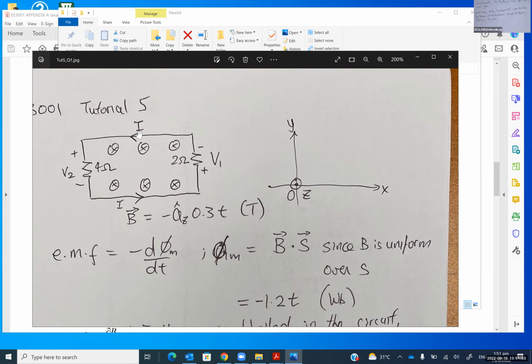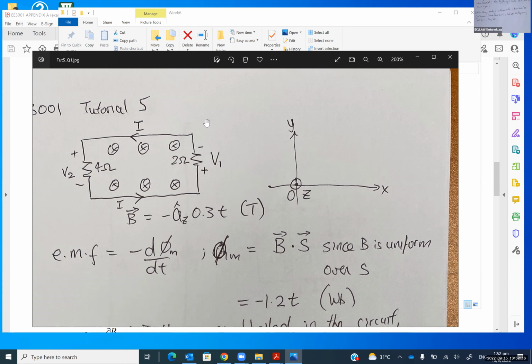I label the current this way, which implies the battery is pushing out from the positive. So whatever the arrow goes into should be the negative of the battery, and the positive pushes the current out. So when you put this battery, you have a negative on this side and positive on the other side, pushing the current around.